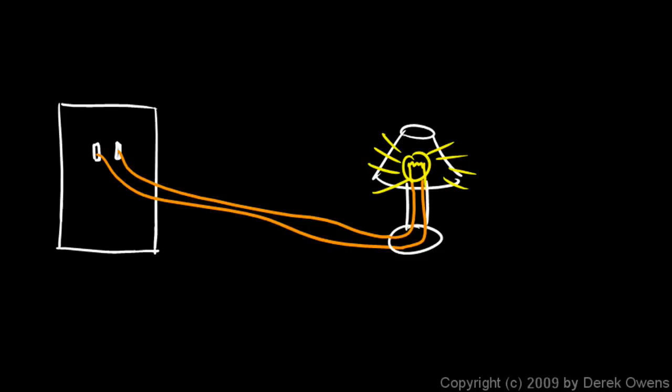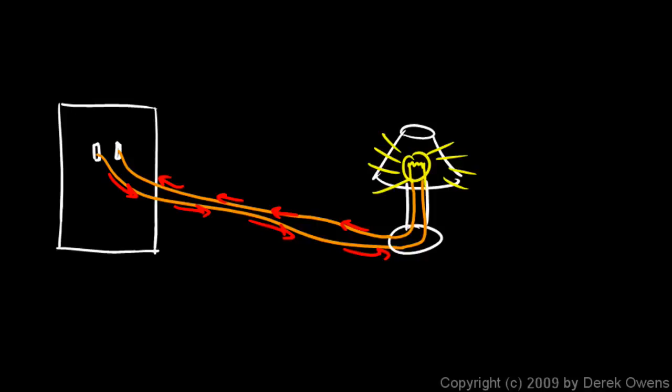Electrons are flowing out of one side, along one wire through the bulb, and then flowing back in the other direction. The direction actually alternates, but we'll talk about alternating current later.